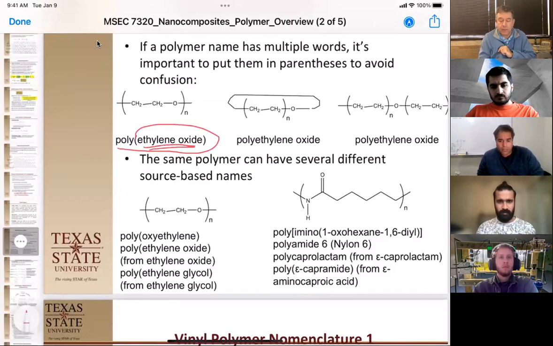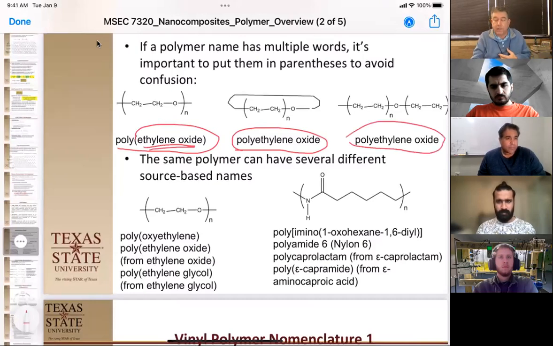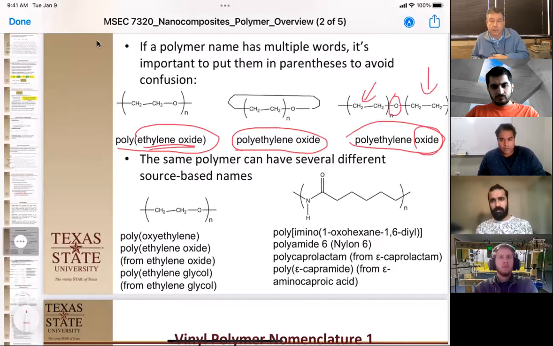Well, we can also have this ethylene oxide, which is actually just a circular chain made from the dehydration of ethylene glycol. Or we can even have a block comonomer made by a couple different ways, where we have polyethylene, then a block with an oxygen here, so it's an oxide or an ether linkage, and then another polyethylene block. Okay, so all three of those are different polymers with different properties, but they can all be described with the same words. So that's why it's a little confusing.